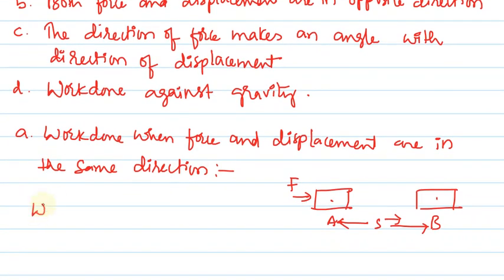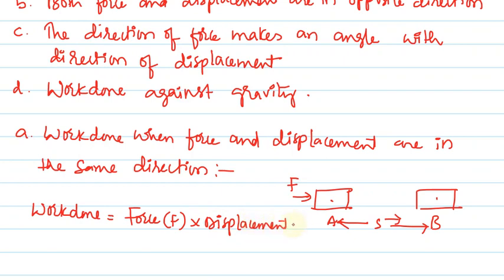Work done is equal to force F into displacement S. Then I can write W is equal to F into S. This is the expression for work done when force and displacement are in the same direction.